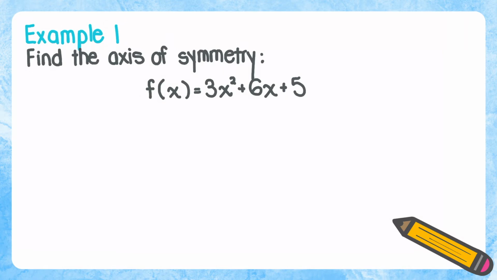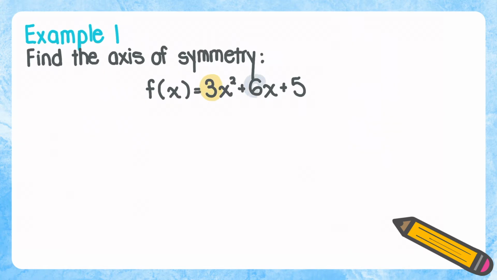For example 1, we will find the axis of symmetry of f of x equals 3x squared plus 6x plus 5. Notice here it's written in standard form. So let's first label a, b, and c.